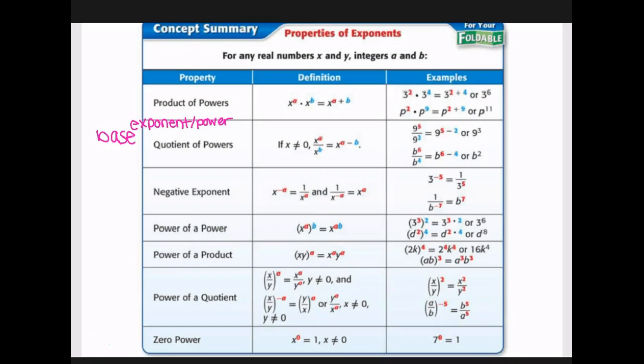Any variable to a negative exponent can be rewritten as 1 over that variable with a positive exponent.